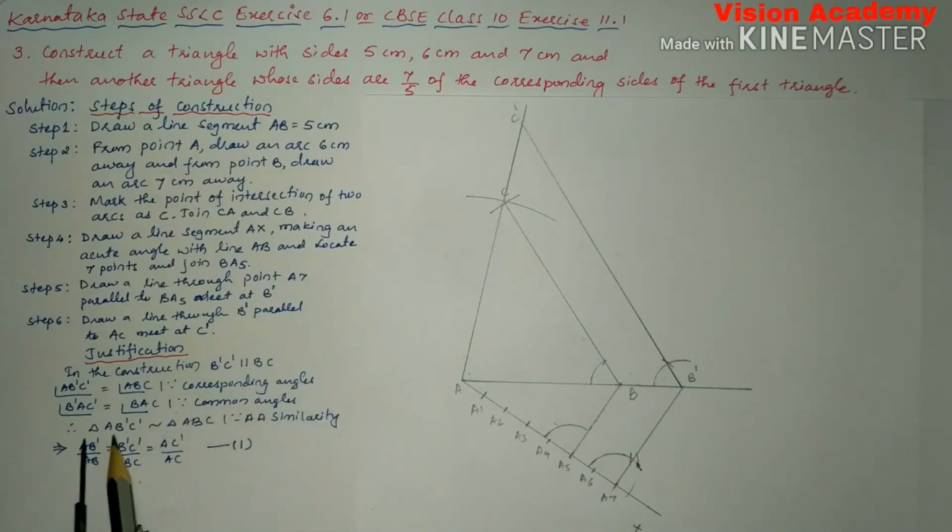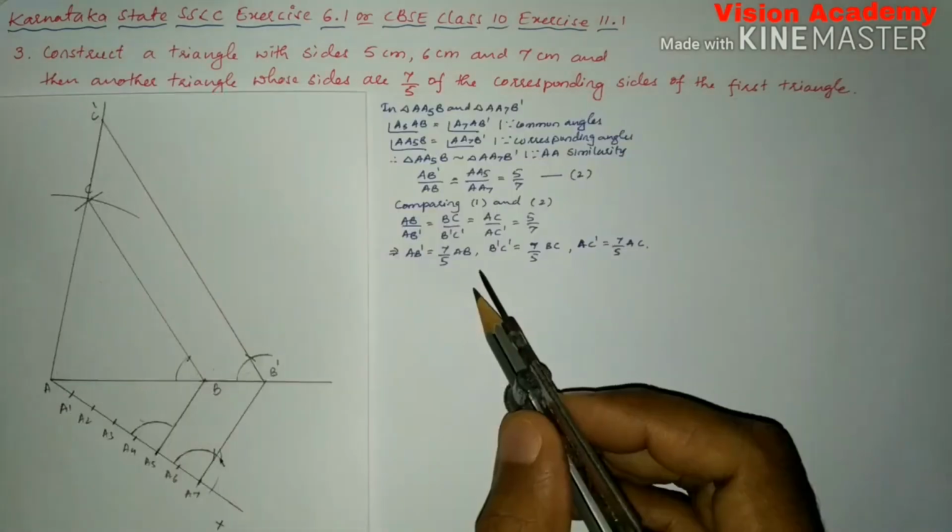Therefore, we can say triangle AB'C' is similar to triangle ABC. So this corresponds to AB'/AB = B'C'/BC = AC'/AC, because of the basic proportionality theorem. So let us consider this one as equation number 1.